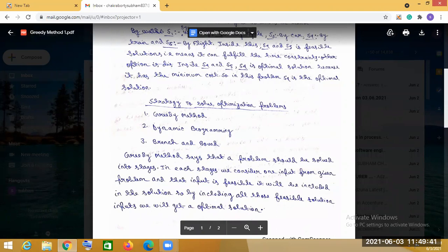Now, at first, the students are selected. From 1,000 students, 500 students are selected and 500 rejected. That means in this stage, these 500 are feasible. So these 500 are selected and the other 500 are rejected.